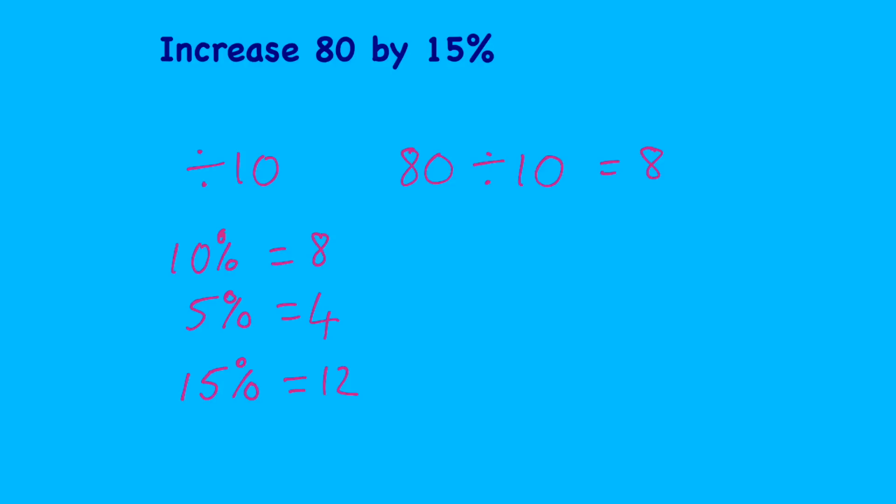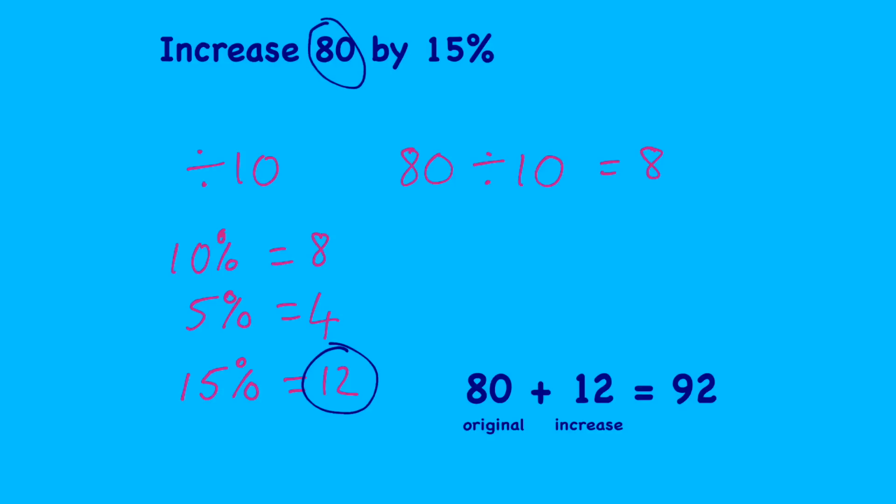However, I don't. I want to increase the original 80 by 15%. So I have to add the 12 and the 80 together. So 80 plus 12 gives me my final answer of 92.